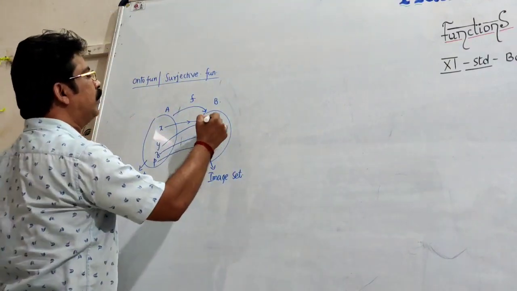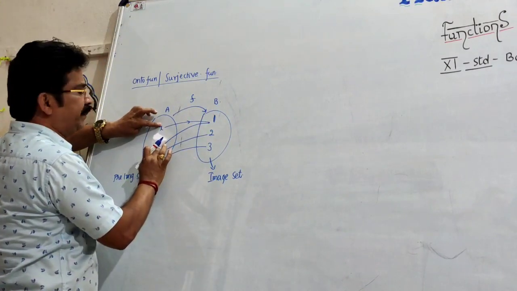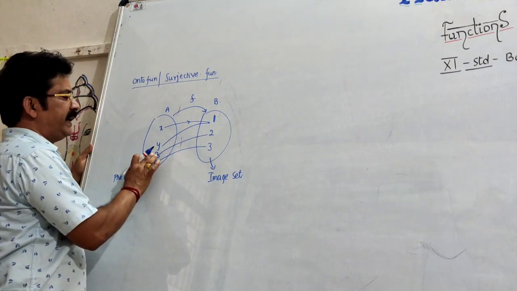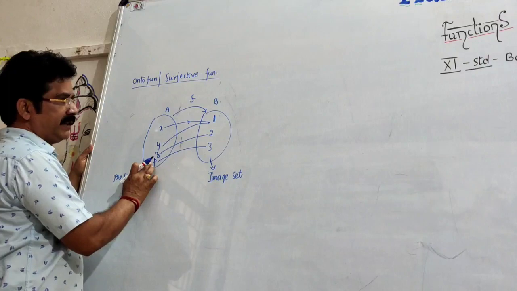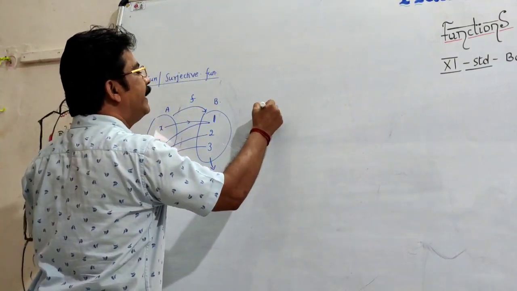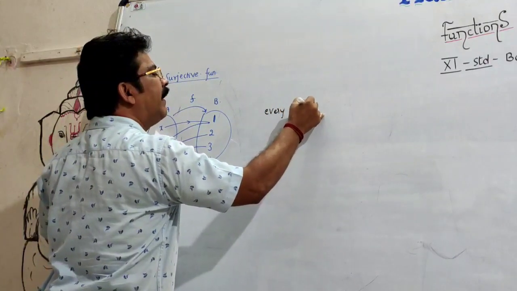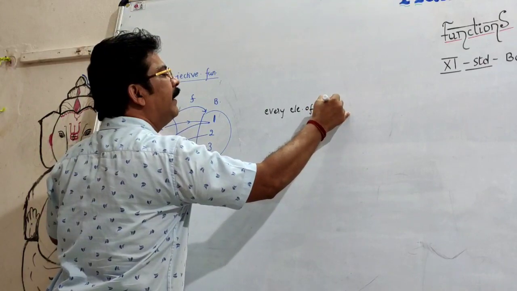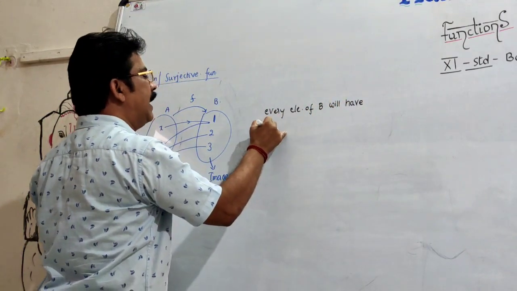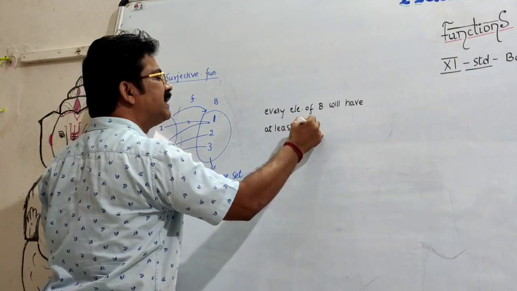Okay. So therefore, here 1 will have more than one pre-image in capital A. Here also 2 will have only one pre-image, 3 has one pre-image. What I am telling is that every element of B will have at least one.